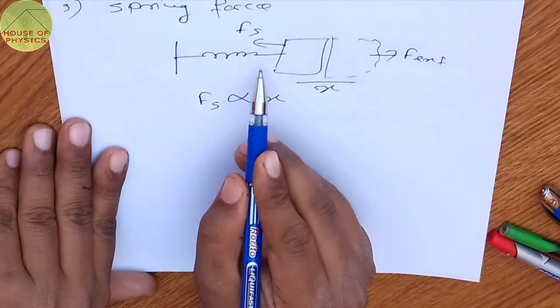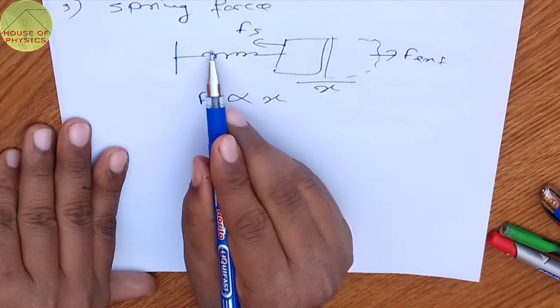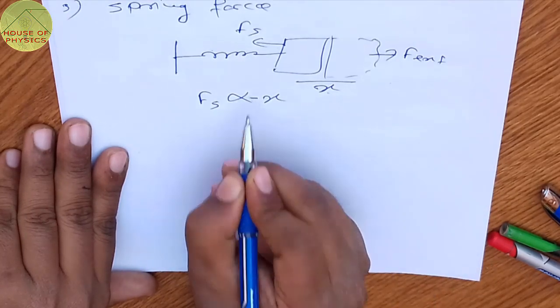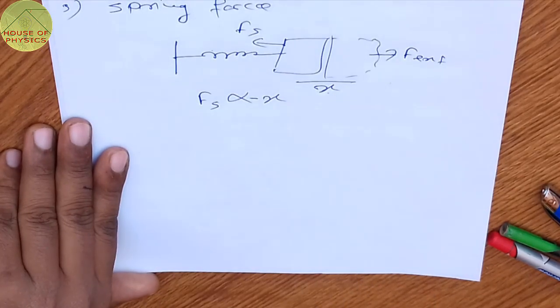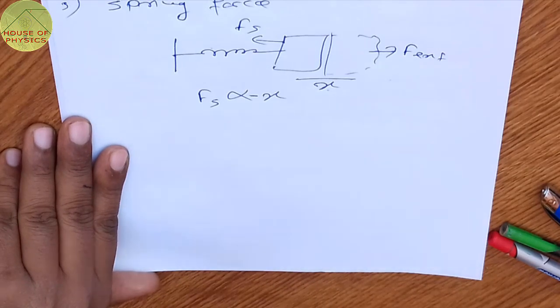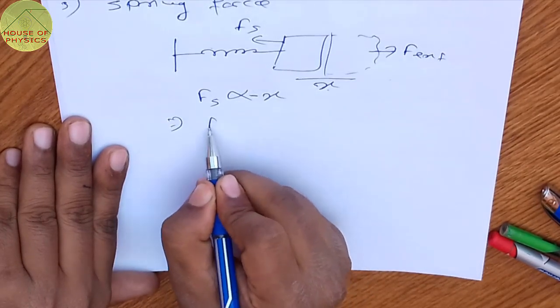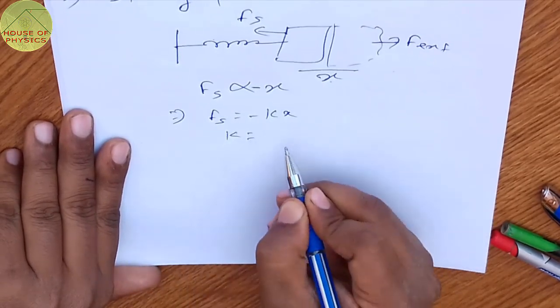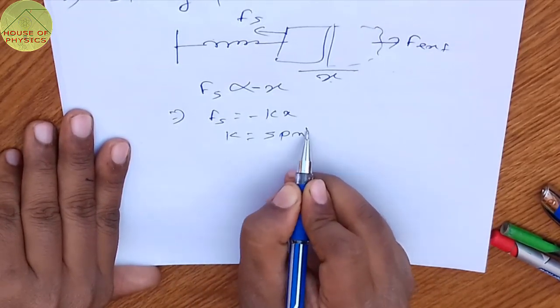You see the spring force is in this direction and x is in this direction, so we'll put a minus sign. Why? Because it always opposes the displacement. Removing the proportionality constant, it is F equals minus k into x, where k is the spring constant.